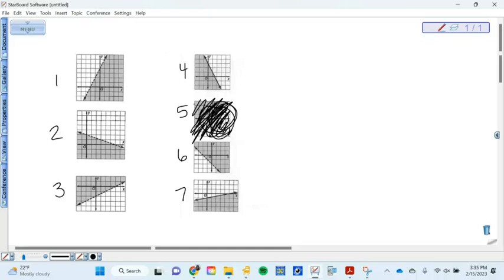Okay, and when you look at this paper, please double check that you have it the right way, because it's easy to look at it and think that that's the right way. I had someone do that first period and then they got them all wrong because they were looking at it upside down. Make sure it's the right way. You can tell by looking at the y's. Okay.